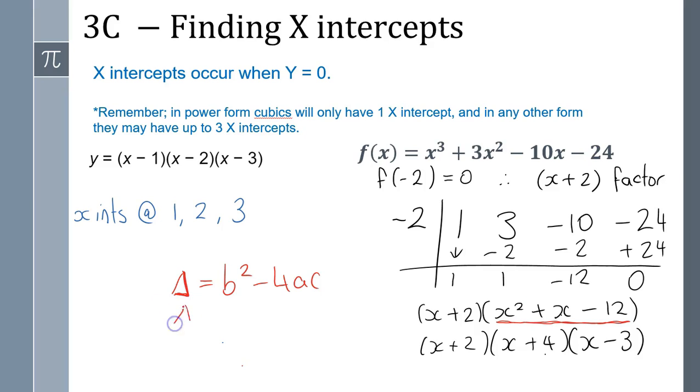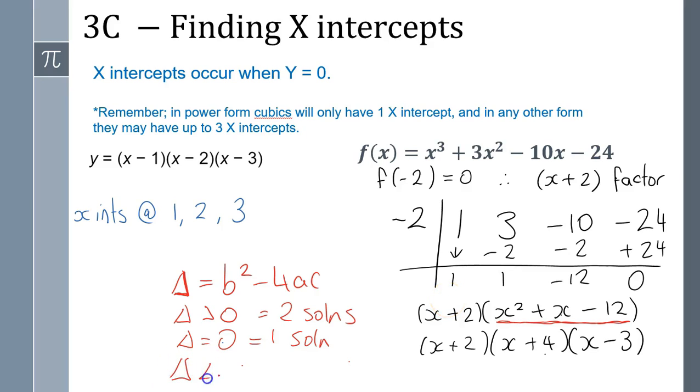Okay, so if the discriminant is greater than 0, it'll give us 2 solutions, plus this one will give us 3 solutions, 3 x-intercepts. If the discriminant is equal to 0, it'll give us 1 solution, plus this solution here, 2 solutions.